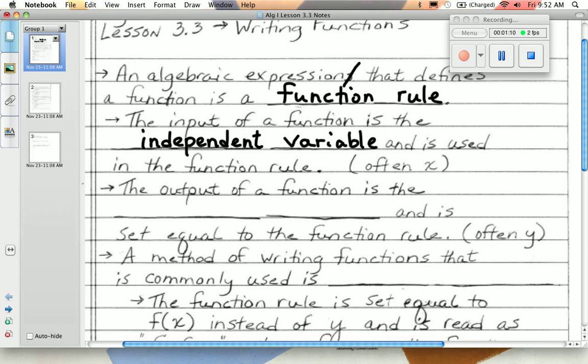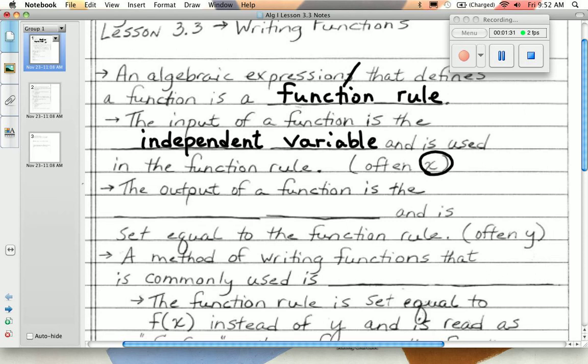That is represented by the independent variable, and it is used in the function rule. And typically we use x for the independent variable.